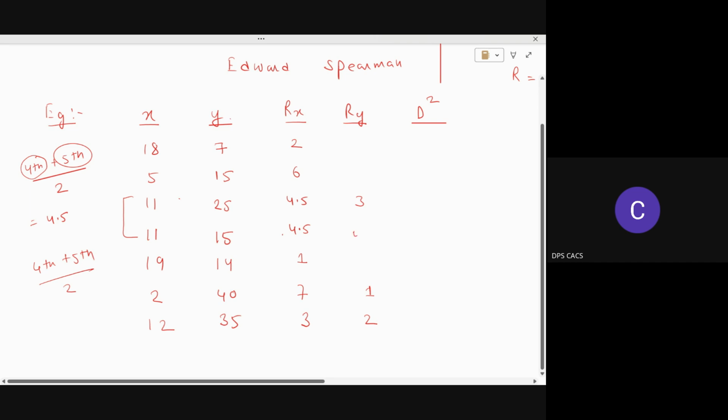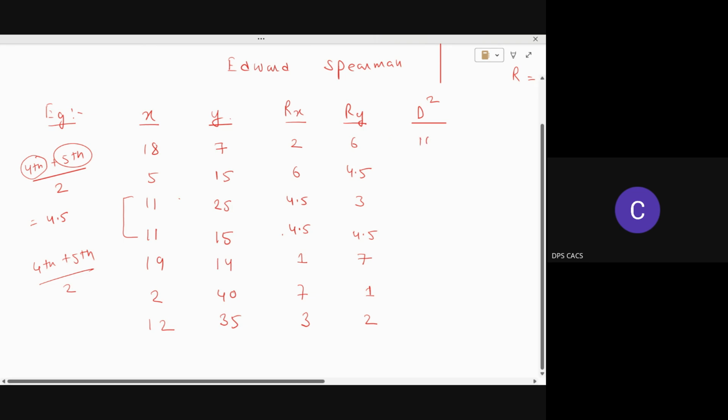So 4.5, 4.5, any problem? Coincidentally, in both the columns, we are doing it with 4 and 5, right? What is the next rank? 6th will be given to whom? 2, and then 7. Can I find D square now? Anyone who is not getting Rx and Ry properly? Understanding the concept? Give me D square.